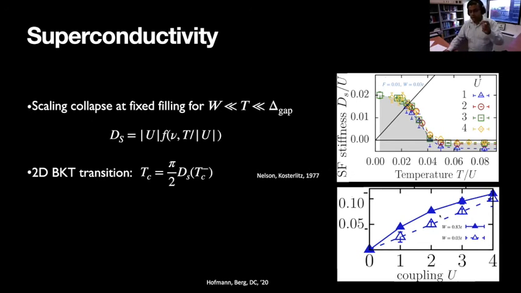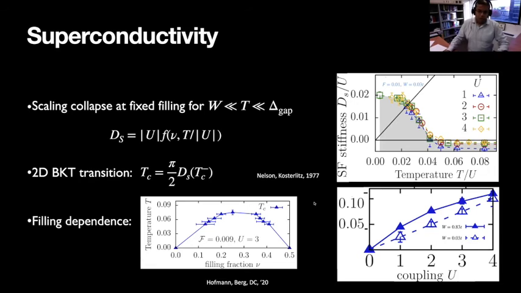So it's possible that the extra corrections that you're seeing are because of the finiteness of W over U. Okay, and you can go and study how this thing changes as you vary the filling associated with your flat band. Okay, as you either empty it out or fill it up completely, it exhibits some kind of a dome, as you would expect, because it's related to how many carriers you have put into the system.